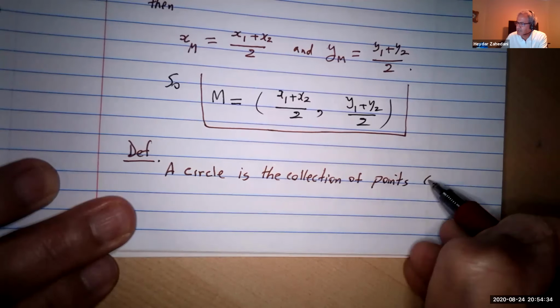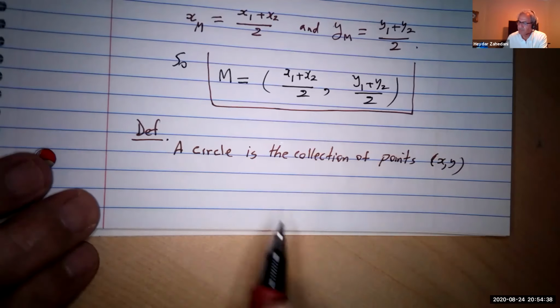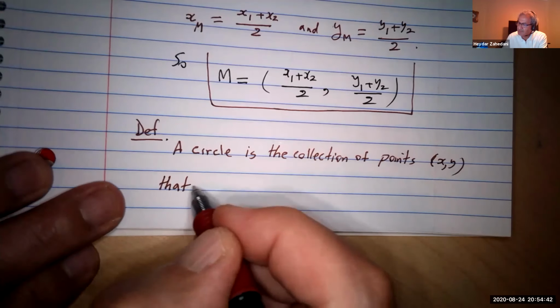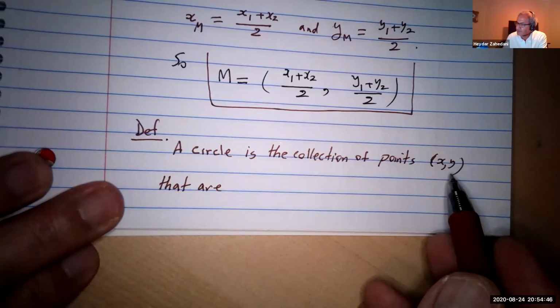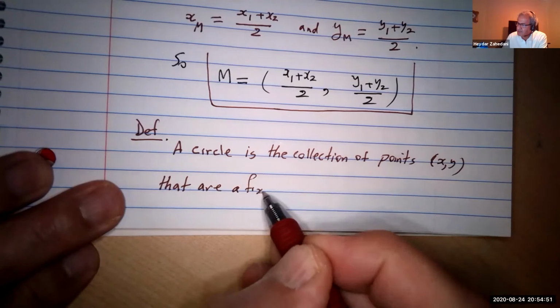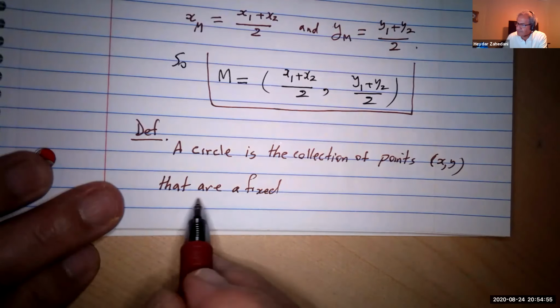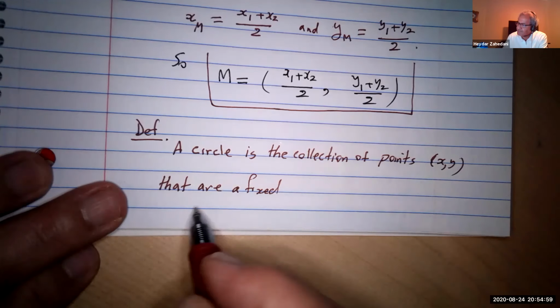Let's say x, comma, y, that are at a fixed distance from a fixed point.